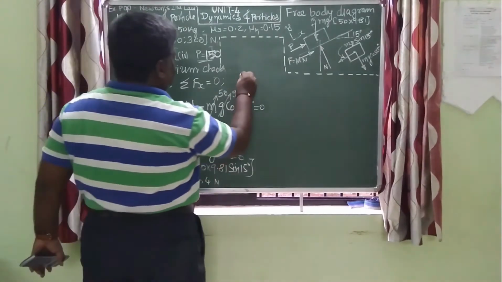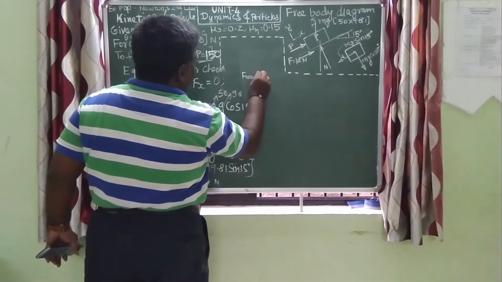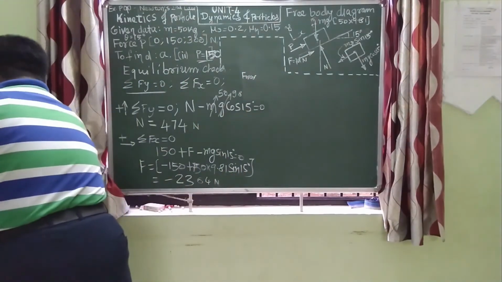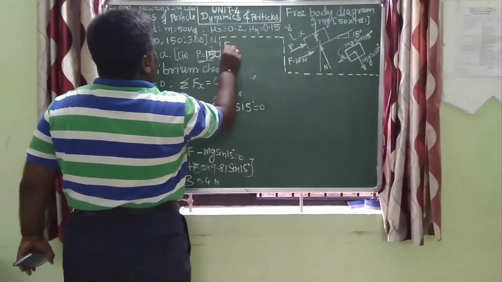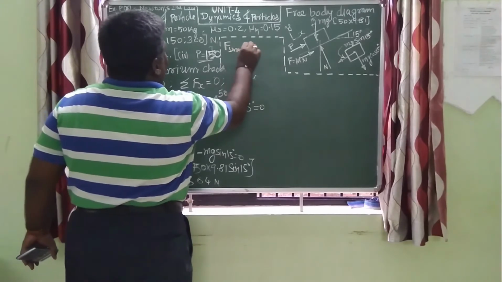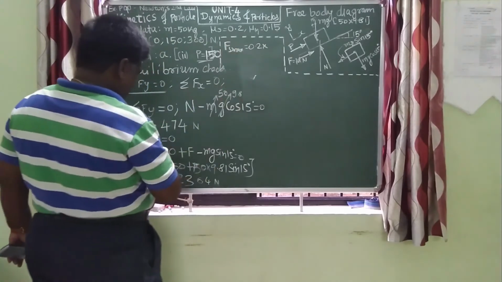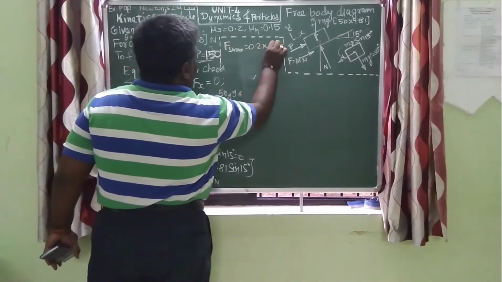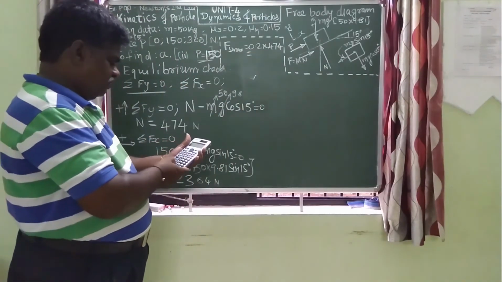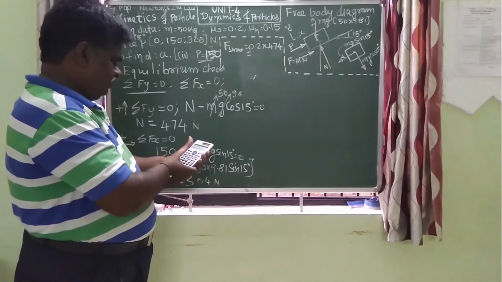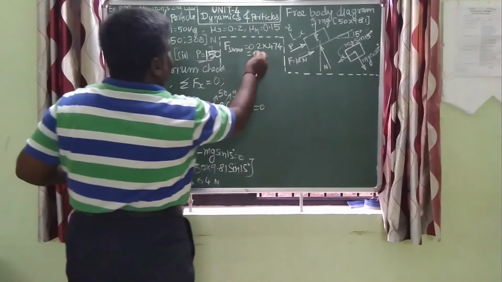First, considering the static force, F max, that is 0.2 into reaction force 474. So the same earlier value, 0.2 into 474, is 94.8.